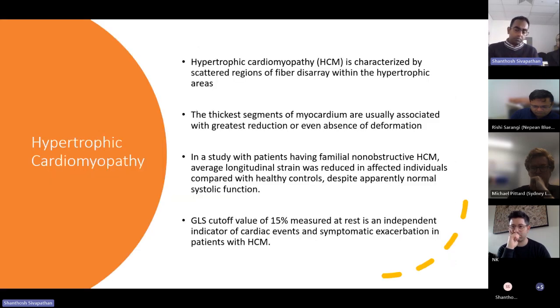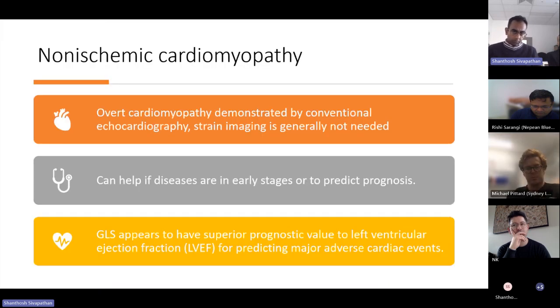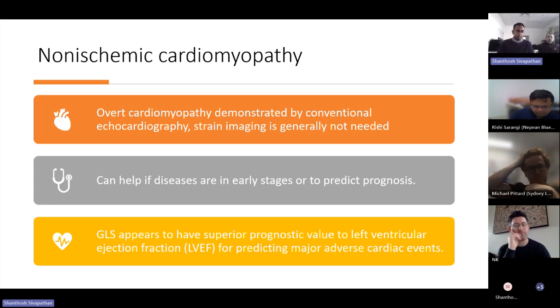Sorry, just on that last point, you talk about comparing to LVEF, and we classically think of LVEF as normal, mild, moderate, severe, based on cutoffs like 20% or 40% depending on the guidelines you read. Is there any sort of stratification for a strain value getting increasingly closer to zero, to say they've got mild impairment in strain, moderate impairment in strain?